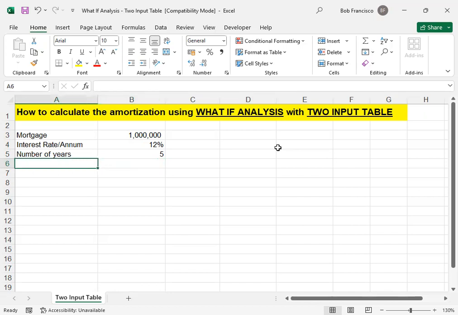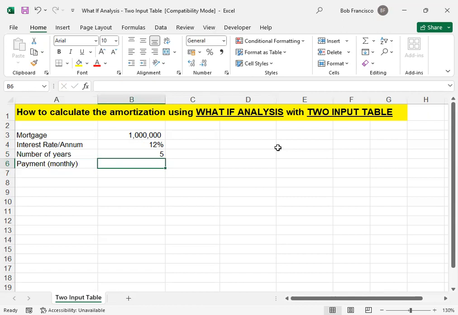So the next thing that we're gonna find out is I'm gonna calculate the monthly payment. Let's say I'm gonna include monthly as our straightforward amortization payment.